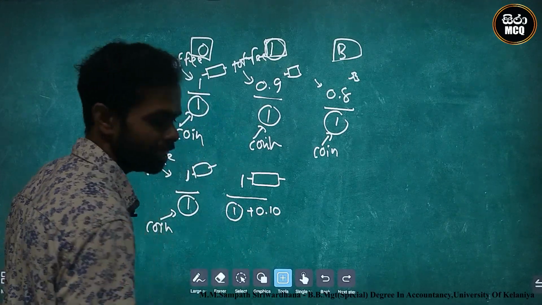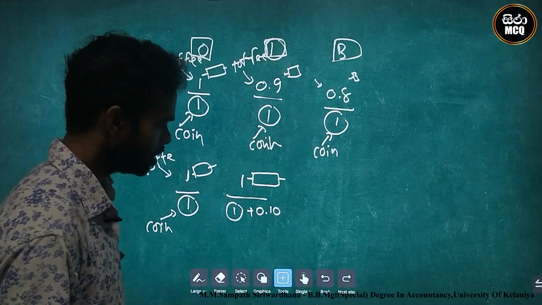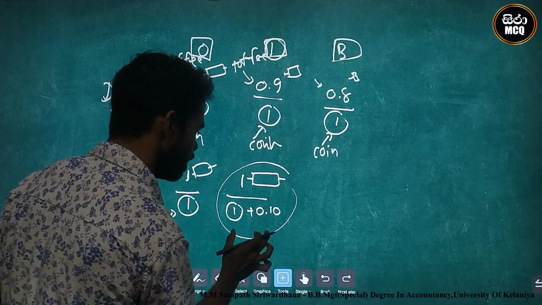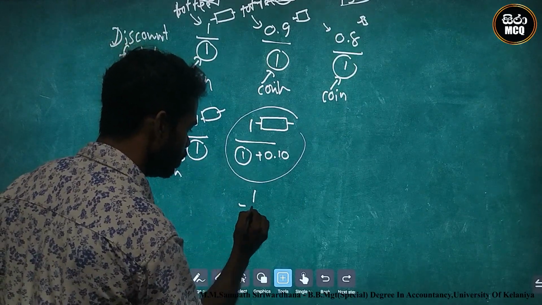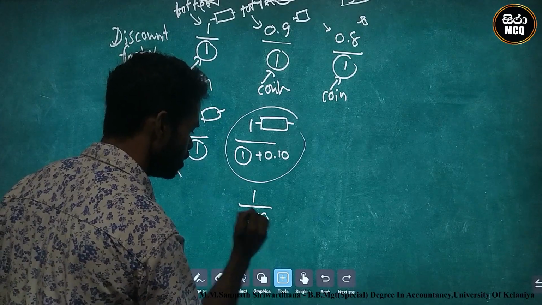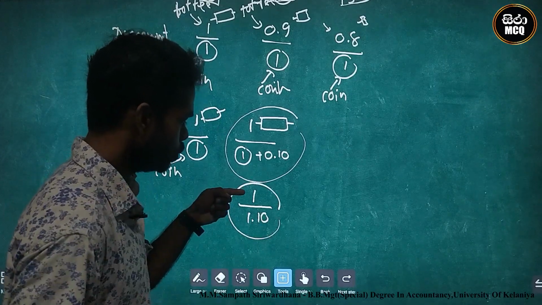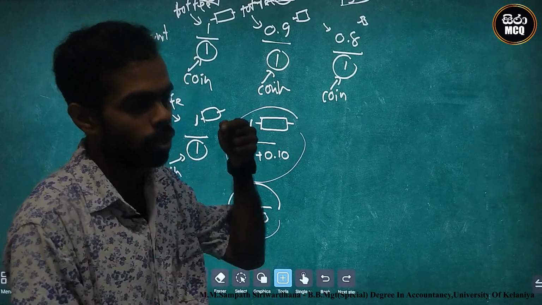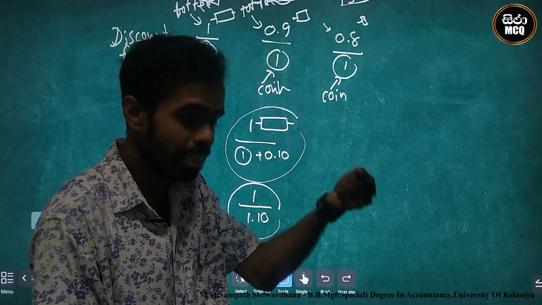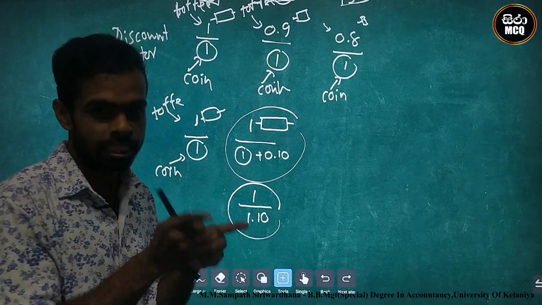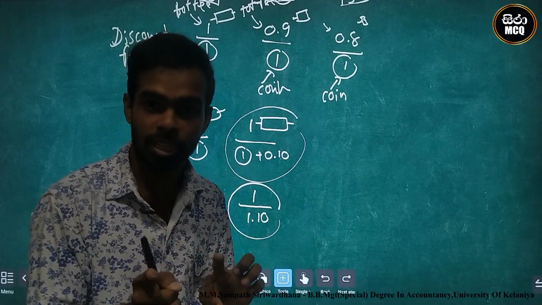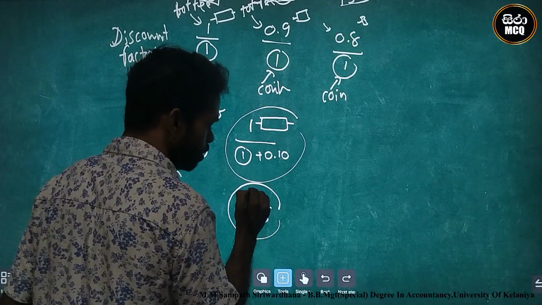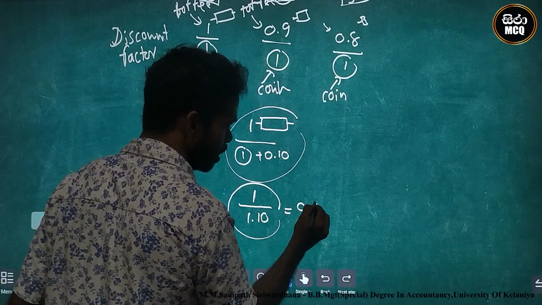Therefore, this formula is calculated as 1 toffee divided by 1.1. Why? To purchase 1 toffee, I give him 1 rupee and 10 cents. The 10 cent is interest. Interest means expected rate of return. Okay, therefore 1 divided by 1.1, answer is 0.9.